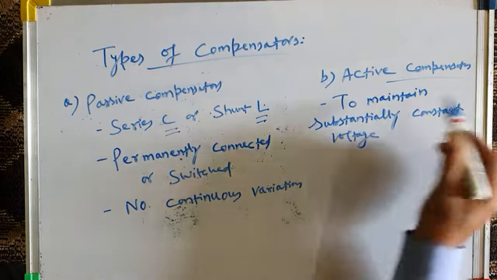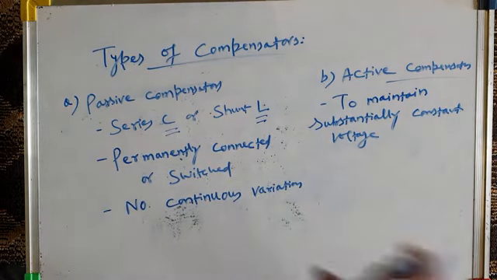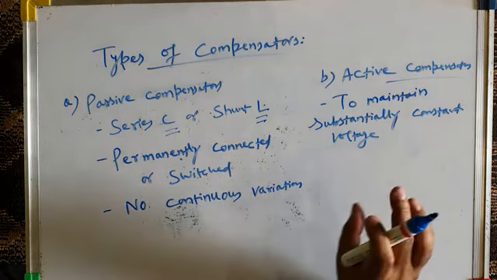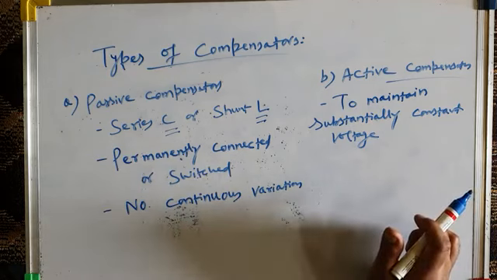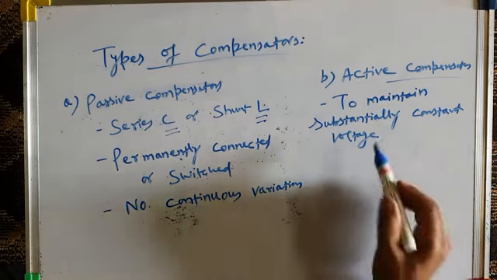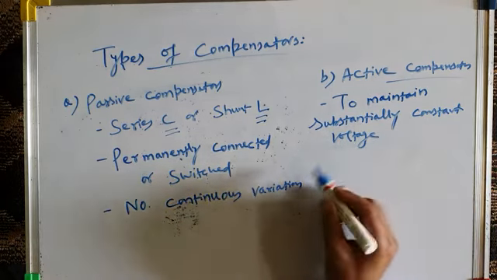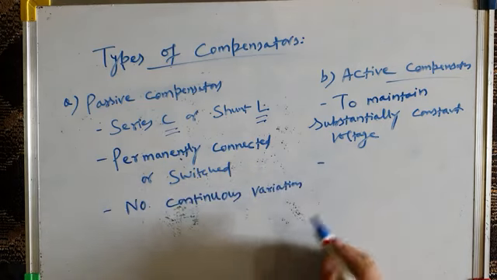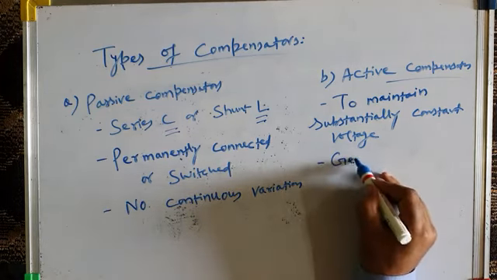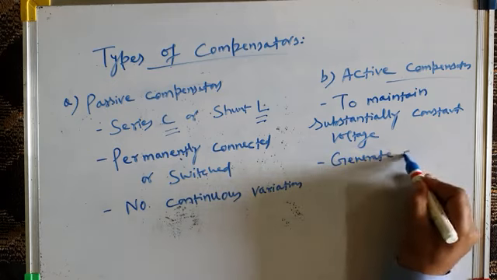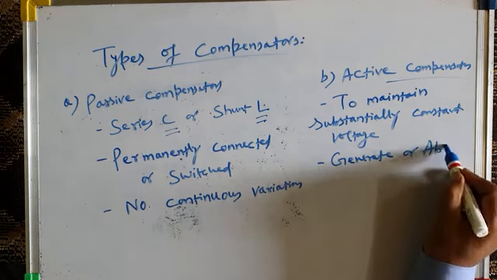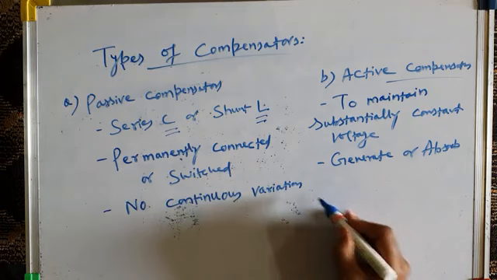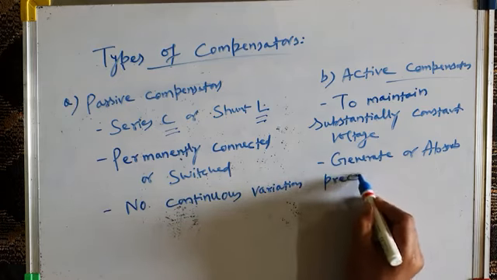Whenever an active compensator is connected across a line or in series with a line, the first job it does is improve the voltage regulation of the system. It improves the voltage profile and hence tries to make the bus voltage constant. That's number one. Number two is that these active compensators generate or absorb a precise amount of reactive power.